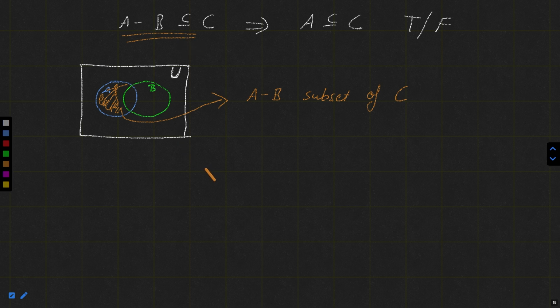It is given that it is a subset of C. Now we have to show or disprove that A is a subset of C or A is not a subset of C. One thing given to us is this, and there were two more pieces of information: A intersection B is non-empty and A intersection B is a subset of C. As we can easily see, A minus B is a subset of C. Now what was the question?